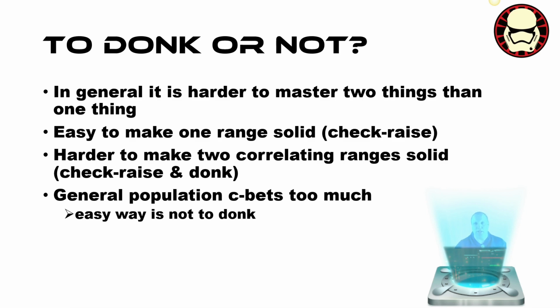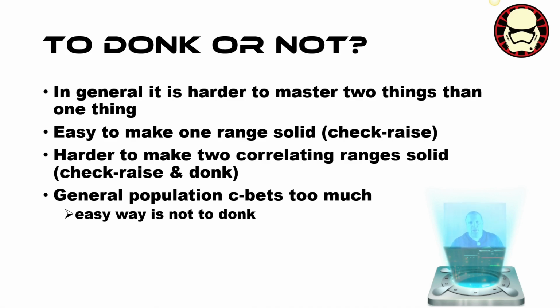That's why I often tell beginning players not to donk in their standard strategy, because it's harder to have a good donking range and check raising range. Go only for check raising. People still c-bet too much, so you very often get to check raise with your strong hands.